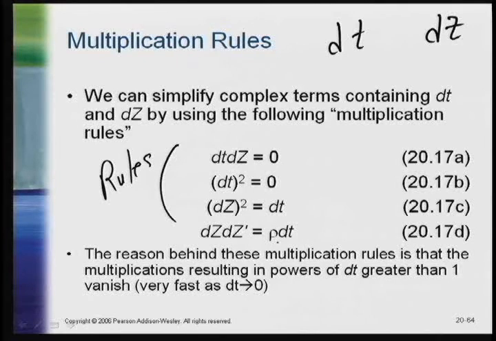Why is this? Well, the basic idea is that when you're dealing with stochastic processes, you only care about square root of dt and dt. Any higher power of dt in the mathematics of stochastic processes will always go to 0 so fast that whatever term is associated with them will go to 0. So this is, if you will, a bit of a cookbook approach to dealing with stochastic processes, but it's one that's justified by the more formal mathematics.